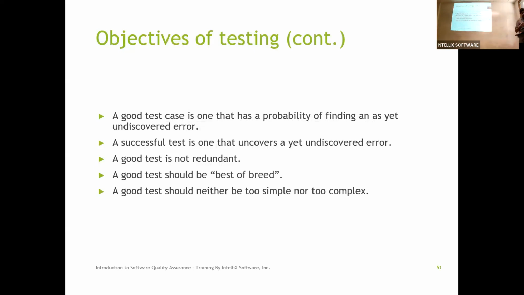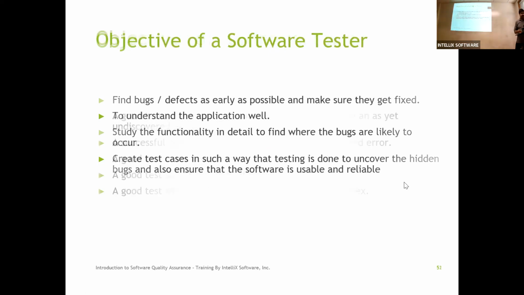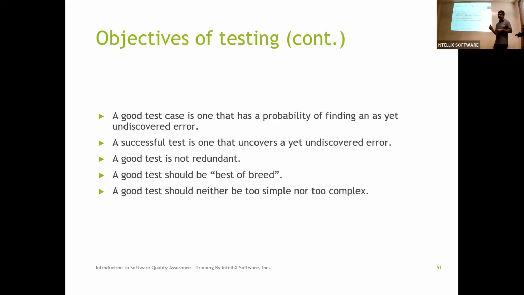Now, when you do the tests, all the tests are going to be broken down into different scenarios and test cases. So what are the characteristics of a good test case? A good test case is essentially something that gives you a higher probability of finding an error.